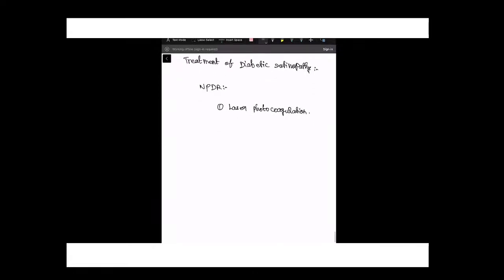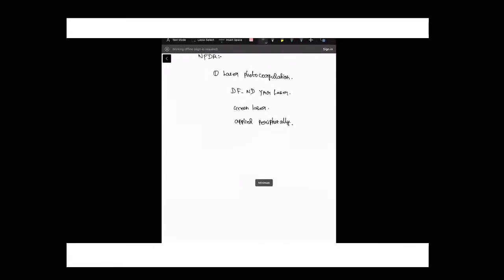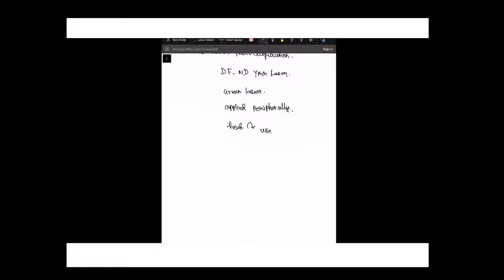The laser here is going to be a double frequency ND-YAG laser. It is a green laser and applied peripherally. And this laser is going to give you heat, and this heat used to absorb the edema.